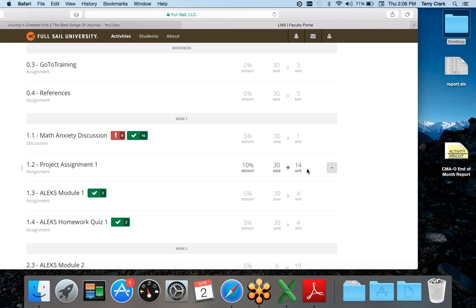Of course, there will be late penalties applied, 10% every day you're late. That's for my class. Different instructors have different late policy requirements, so don't attach my late policy to your class. If you're in a different class, you'll need to talk to your instructor about their late assignment policy.